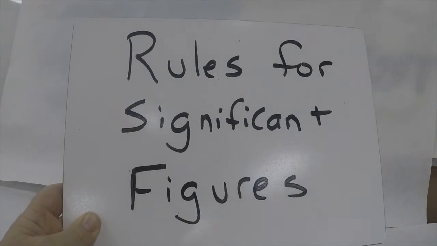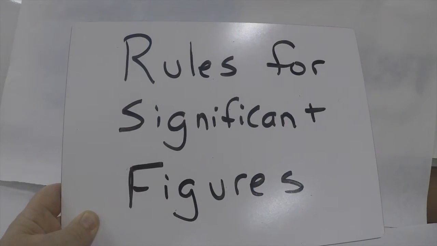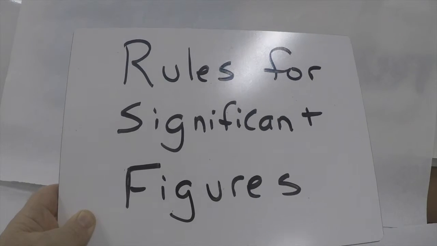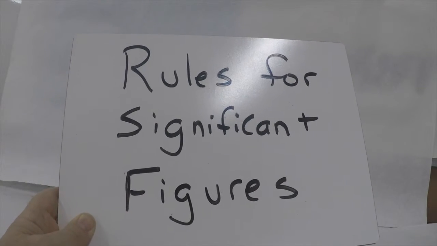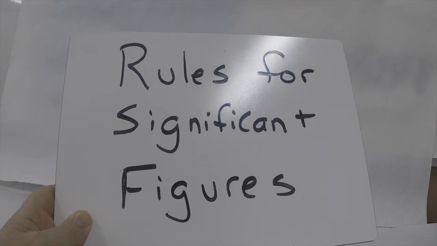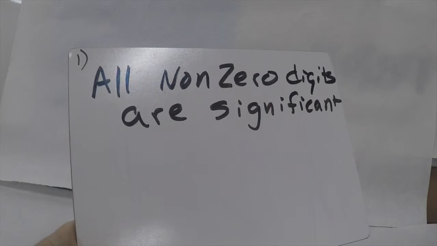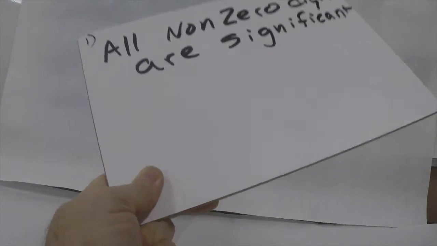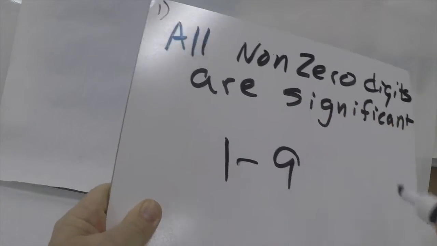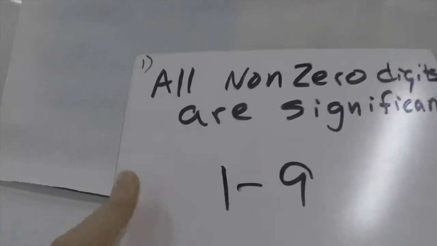Okay? All right, so here are the rules. Put these in your lab notebook. You will want these rules written down. Rule number 1, all non-zeros are significant. That means the numbers 1 through 9, every single number in there is significant.